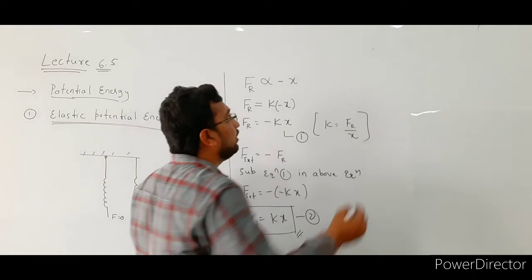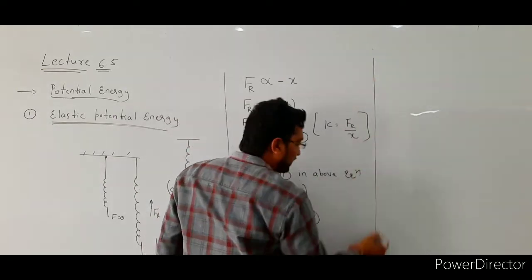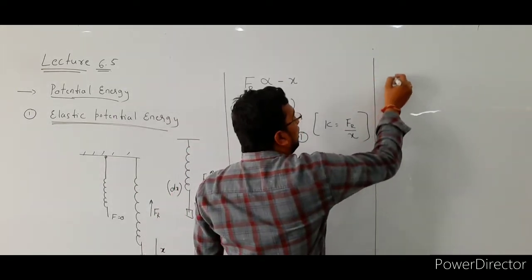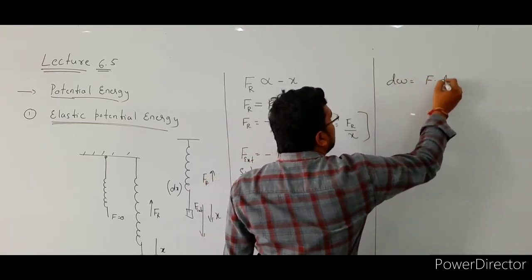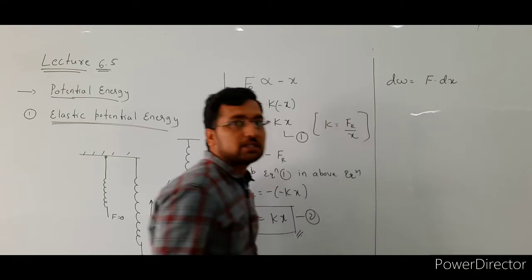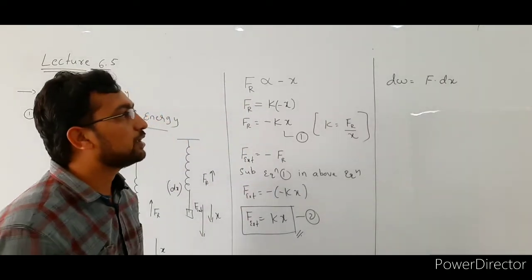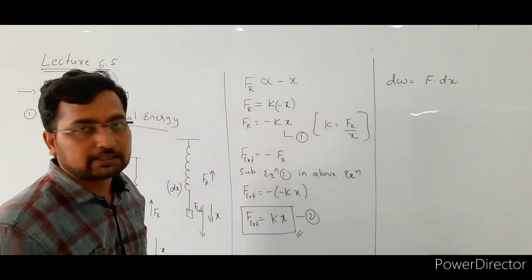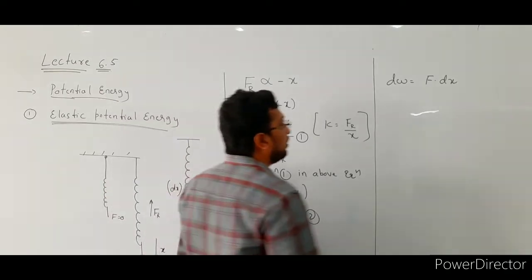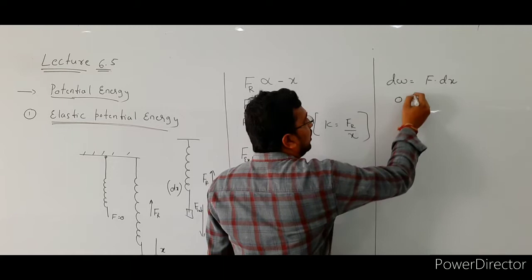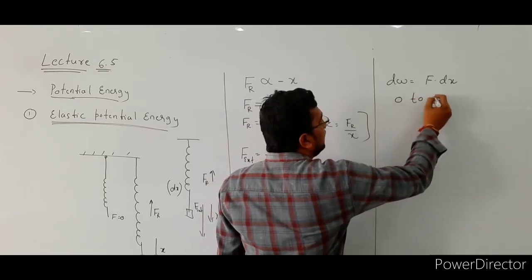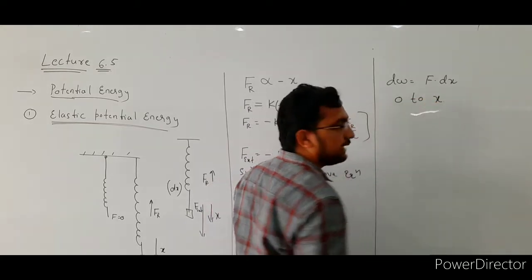For that reason we have to do some amount of work on the spring, that is small work done, equal to force into small displacement, that is dW is equal to F into dx. Okay, see here, again we want to elongate the spring from its mean position or equilibrium position to some distance, that is x, right?